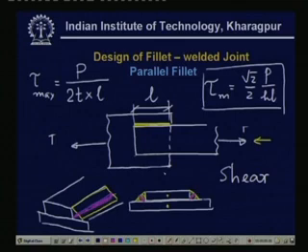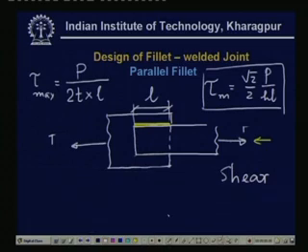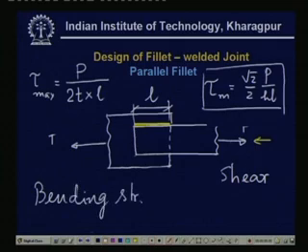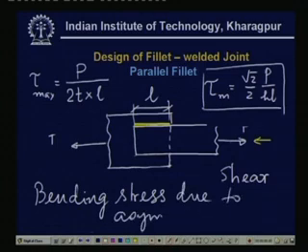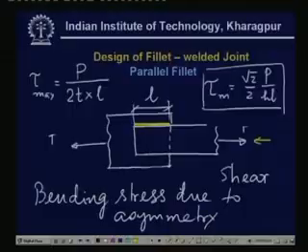In this case asymmetry occurs and there will be bending stress due to asymmetry, and that is what we do not want, because the bending stress may be very, very large, since the cross section area and the sectional modulus are so small that the bending stress becomes very large, and the material or the joint may fail.